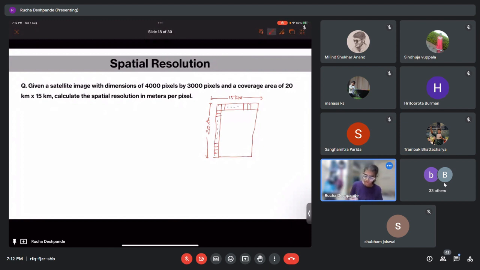So our total area is 20 times 15, and we'll convert it to meters squared, and we have the total number of pixels.